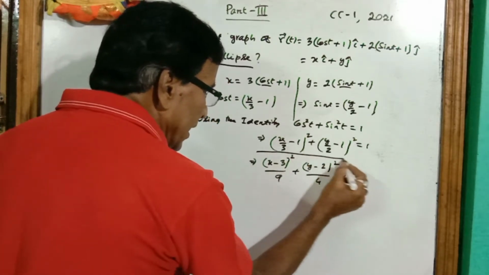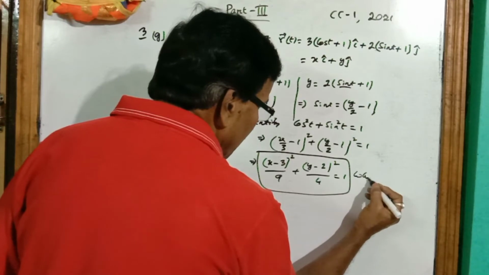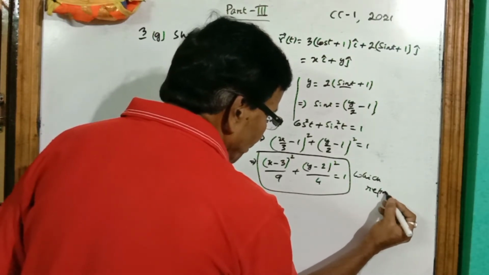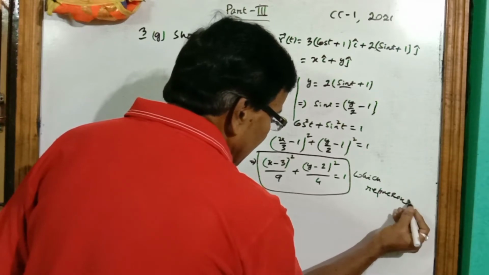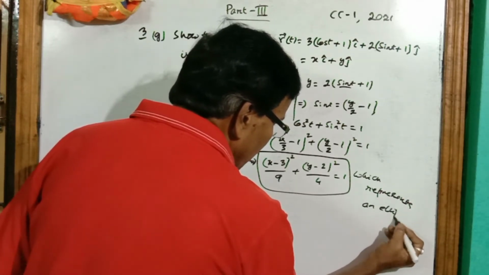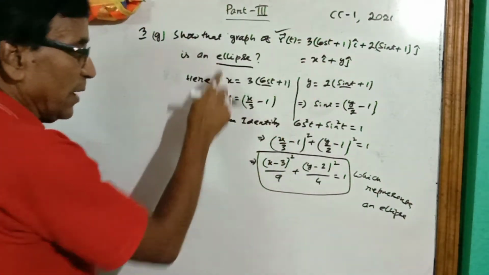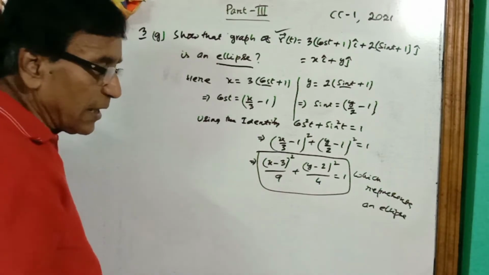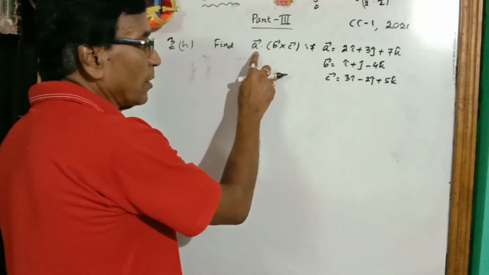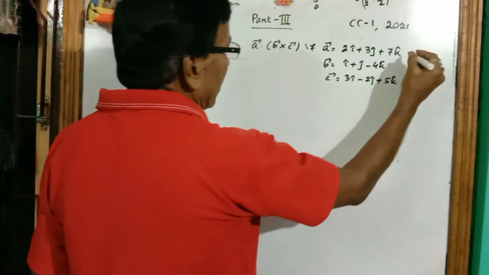So it represents an ellipse. So we have proved that the vector valued function represents an ellipse whose Cartesian equation is this. Okay. Find the scalar triple product, that is A vector dot B cross C, where A vector, B vector and C vector are given.